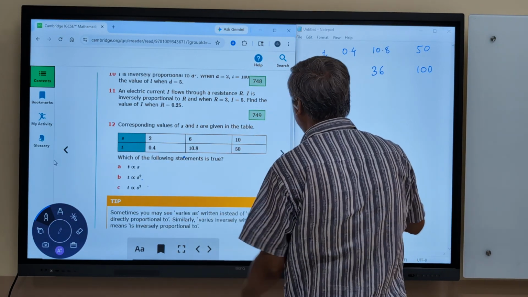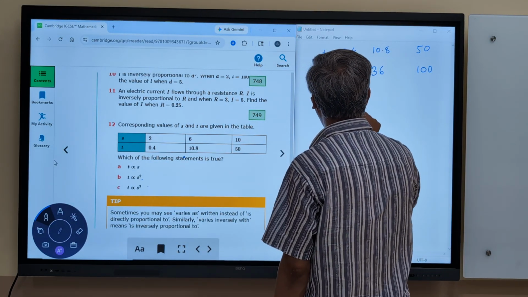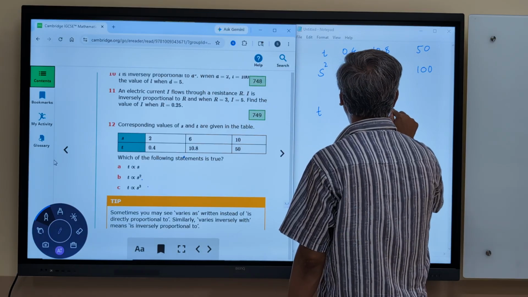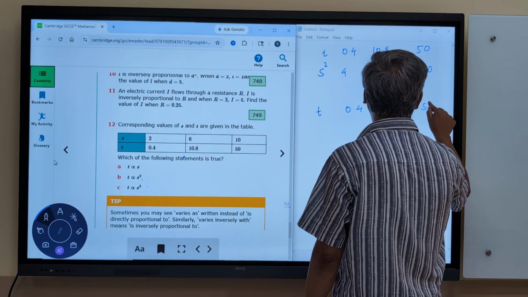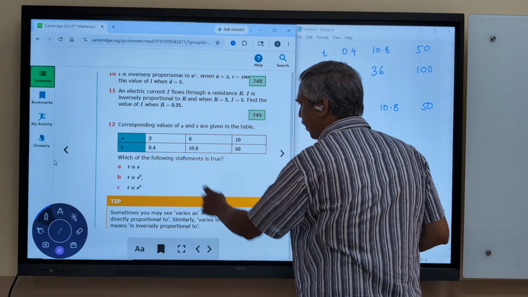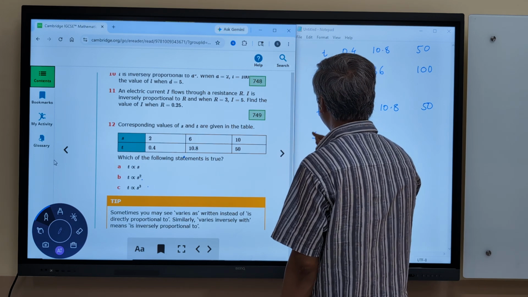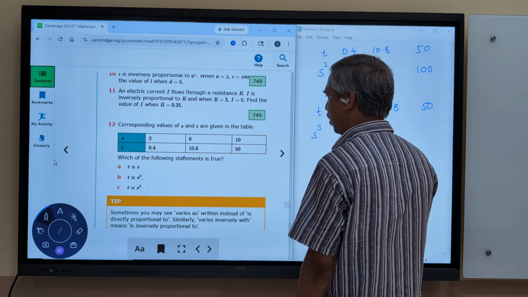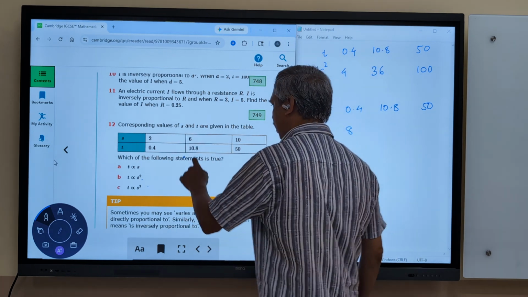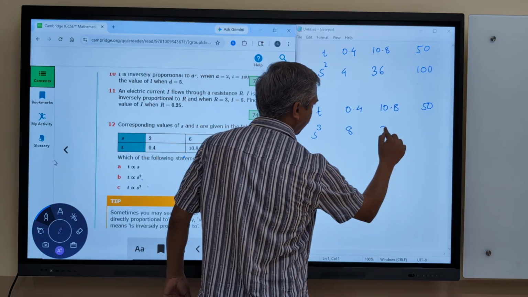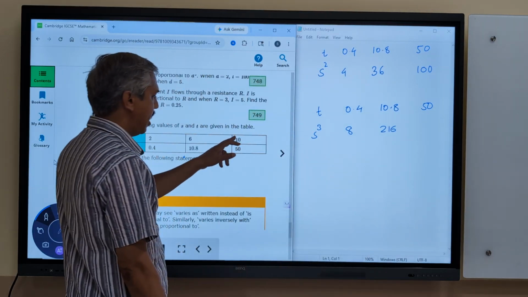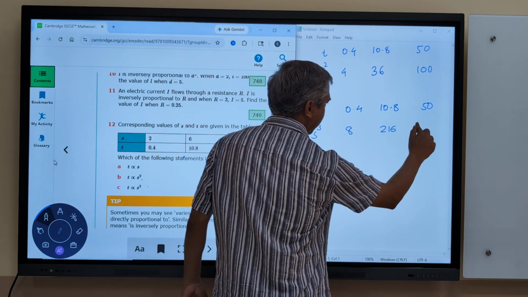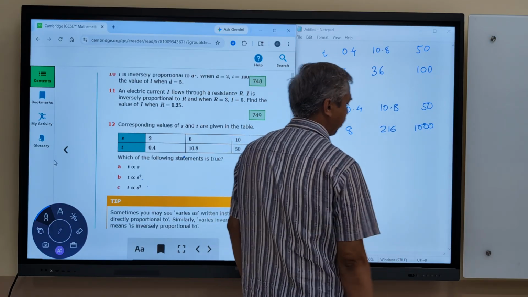Maybe let's try T and S cube. T is 0.4, 10.8, and 50. And S cube: 2 cube is 8, 6 cube is 216, and 10 cube is 1000. Now they are perfectly proportional.